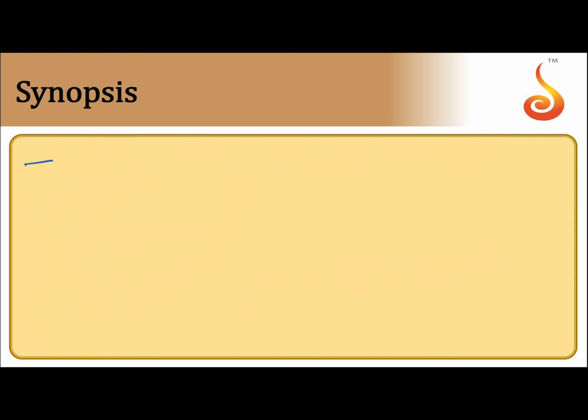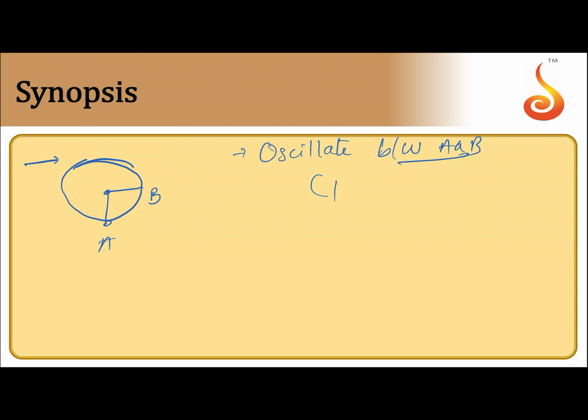Next one. In the same case, if the particle is to perform oscillations between A and B, that means it should function like a pendulum, then the speed must be less than or equal to root of 2gr.